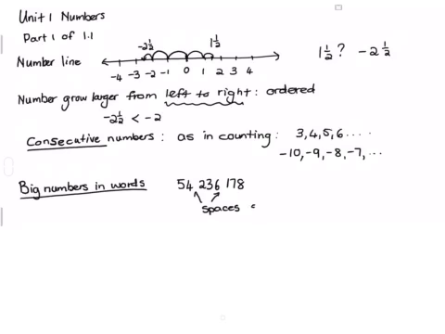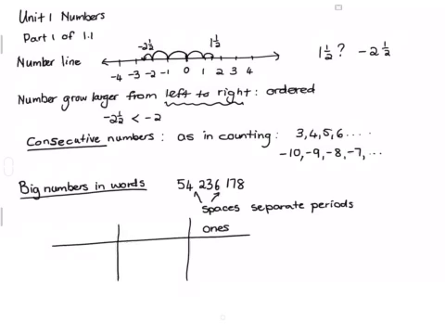Okay, what do we call those every 3 digits? So spaces separate what? Separates periods. So every 3 digits is a particular period with a particular name. If we had to break it up like this, the very last 3 digits count as the ones.